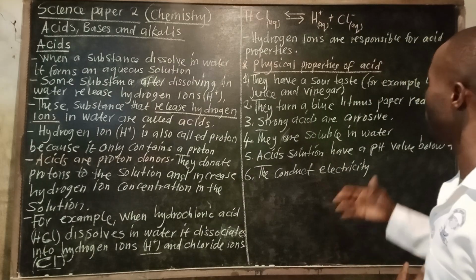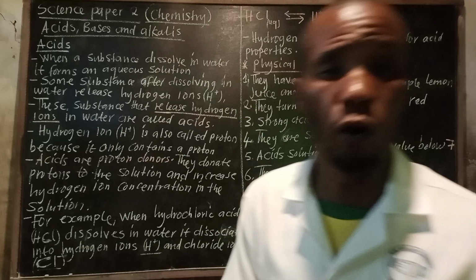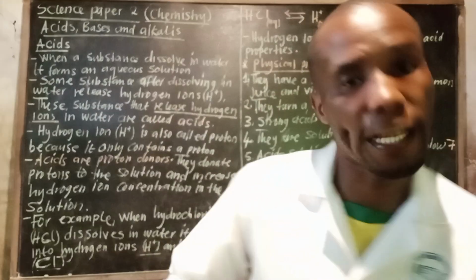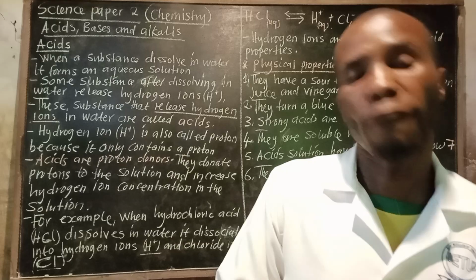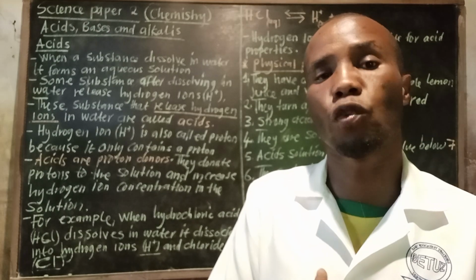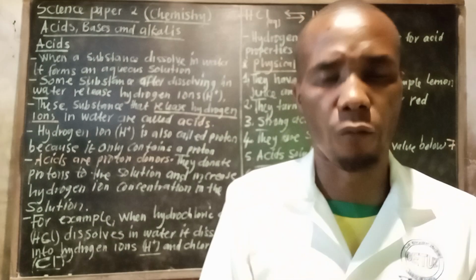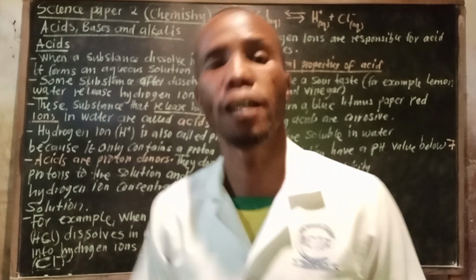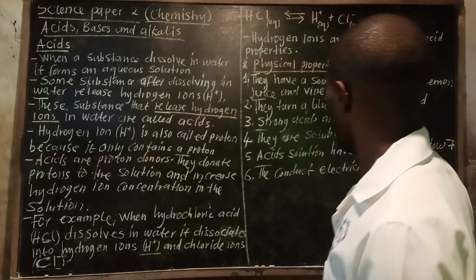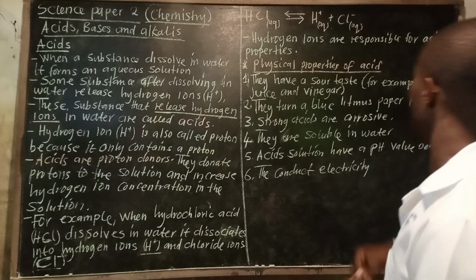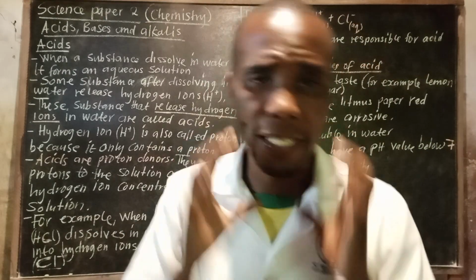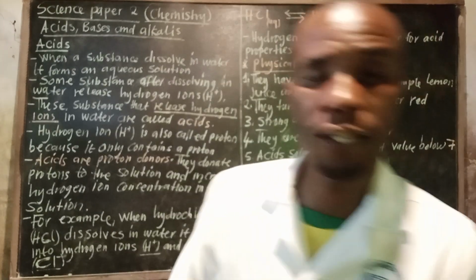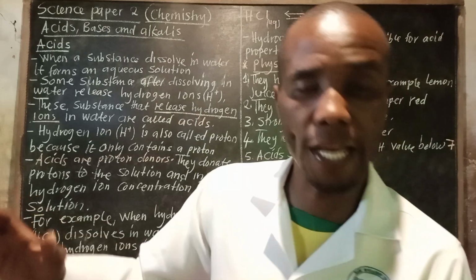Then four, they are soluble in water. Once you mix an acid with water, it will completely dissolve to form an aqueous solution. Then five, acid solutions have a pH value below 7, from 1 up to 6.